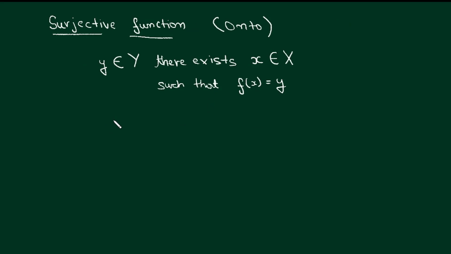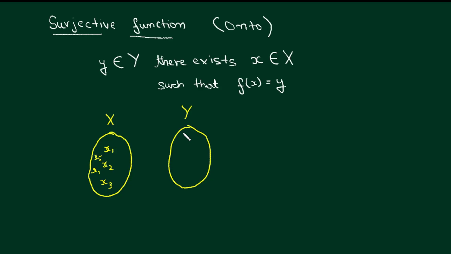Let's understand this concept with the same old example. You have set X, the domain set, consisting of elements x1, x2, x3, x4, x5 and so on, and you have set Y, the range set, that has different elements y1, y2, y3. If a function is surjective, then every y should have an x associated with it such that f of x is equal to y.